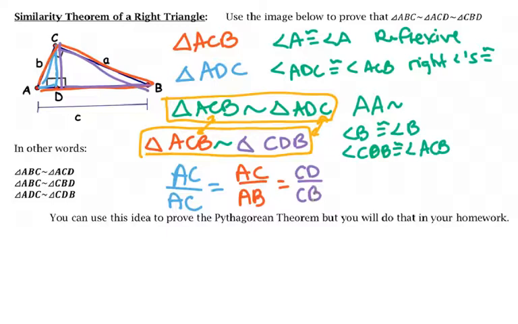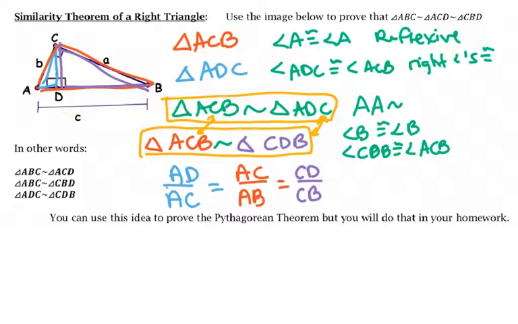That's this string of proportions where all of those things are equal. Oh, whoops, sorry, back here. If I did the short side, that should be AD on top. AD, that was the short side, and then the hypotenuse, AC.